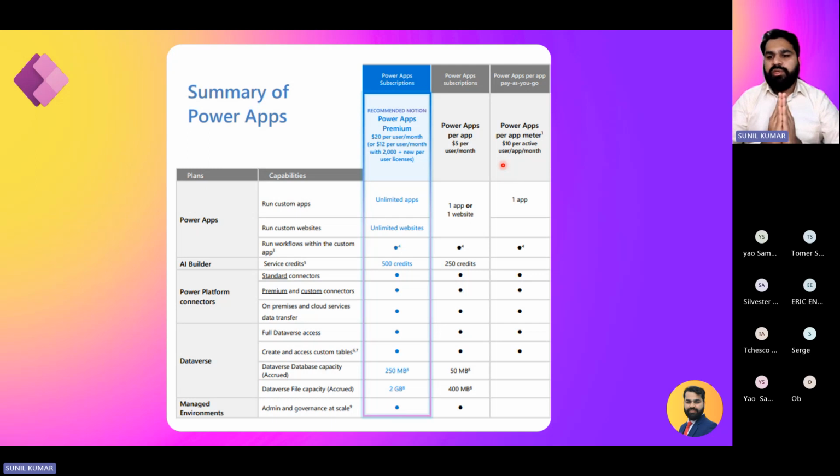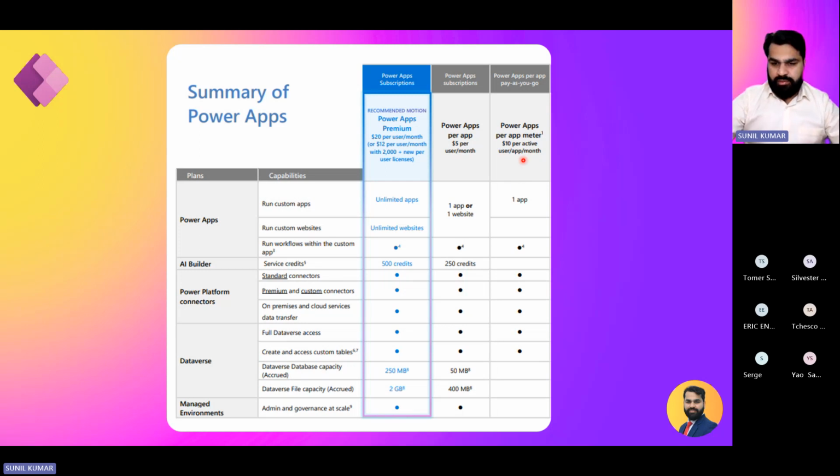So let's assume Sunil has been assigned this particular license and for 1 month, he has not touched any of the Power Apps applications from the consumption point of view. He has not logged in, he has not operated on any of the Power Apps. So this particular bill will not be charged to the organization. For Sunil, there is no billing for that particular month. So that's how this gets treated and will be billed on the Azure subscription.